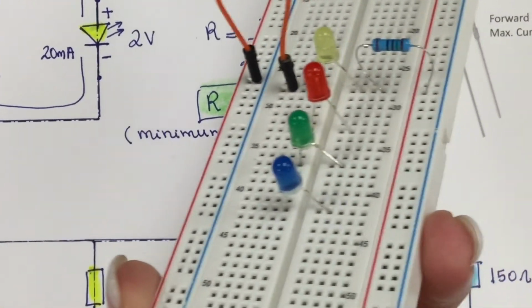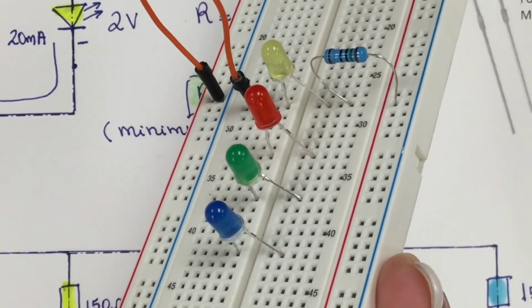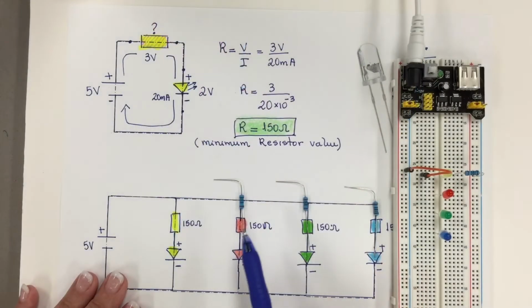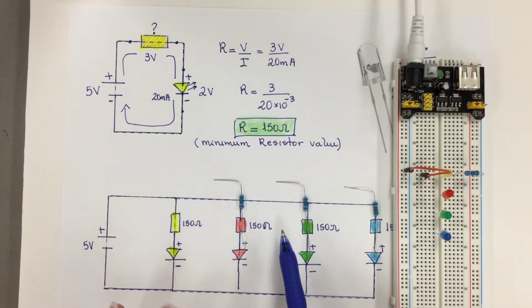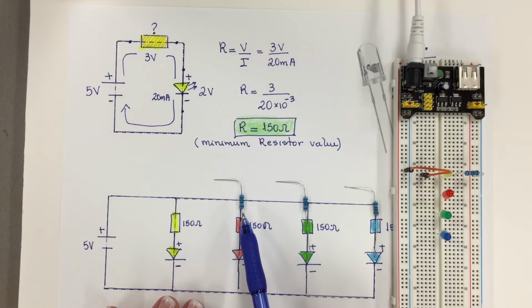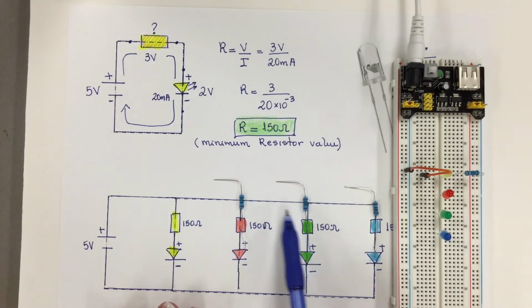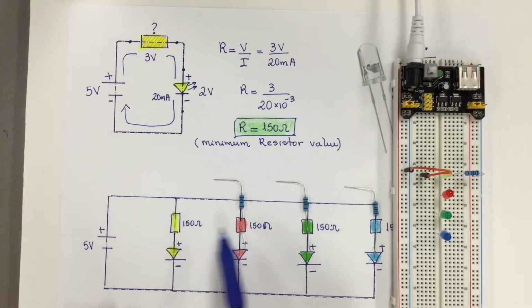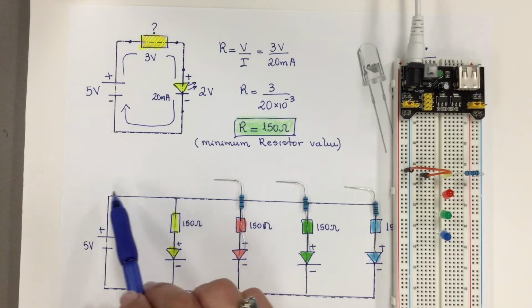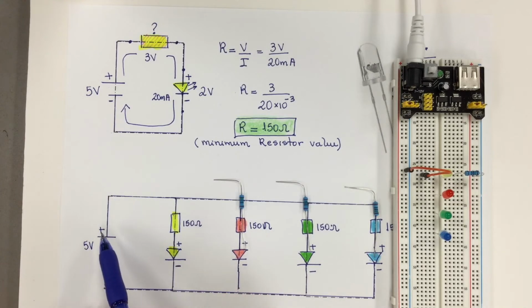Here, a closer look. Following my schematic circuit, each resistor of each individual branch is connected to the positive leg of the LED and goes to the positive side of the battery.